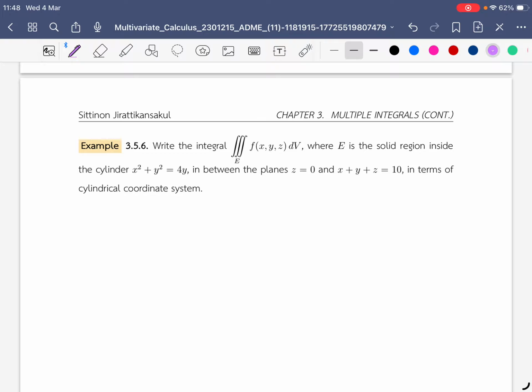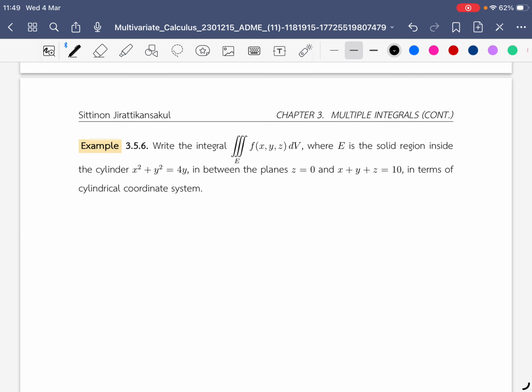Okay, for this one, I asked you to set up the integrals. You have a cylinder, again as before. I have the floor, so it's z equals 0. This guy is x squared plus y squared is 4y. I'm not going to draw it very accurately.